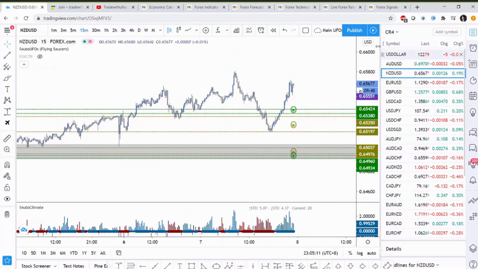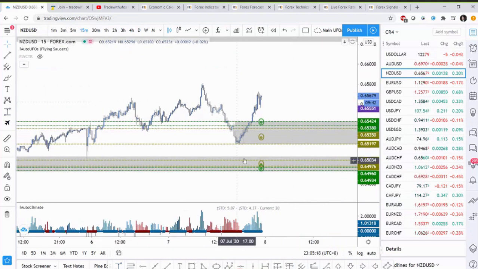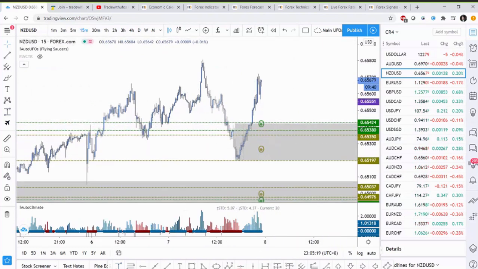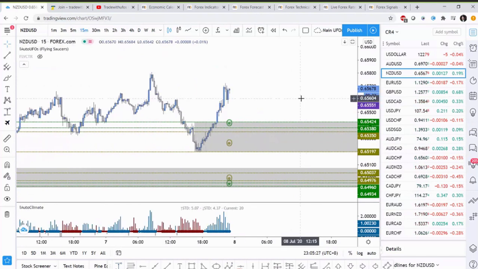So where do I buy, right? And that's where Auto UFOs tells us, hey, there are these two areas, and these areas down here, where we're interested in buying. And then it's just a matter of you now determining, okay, if I'm going to be a buyer, which of these areas do I like?